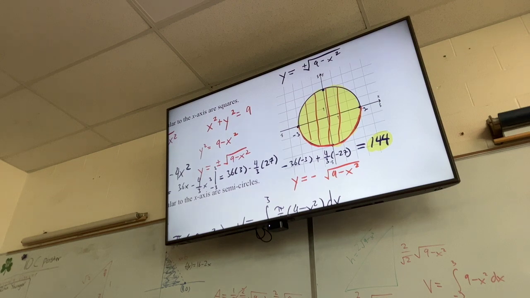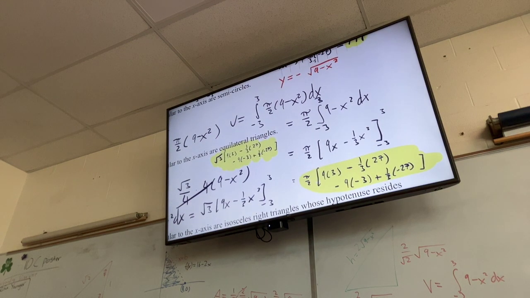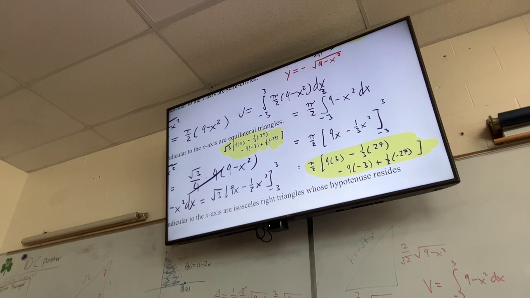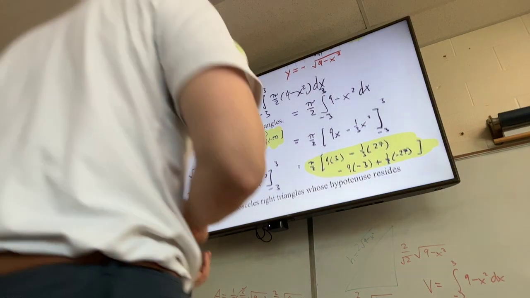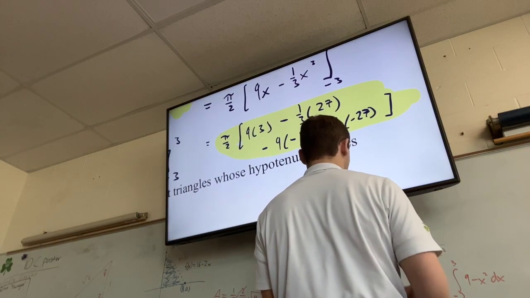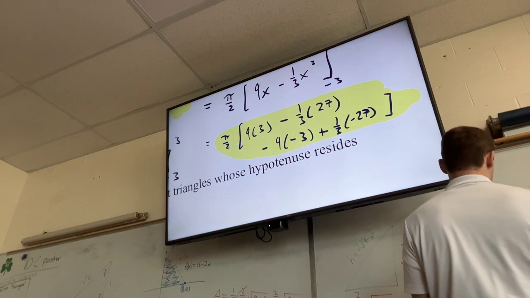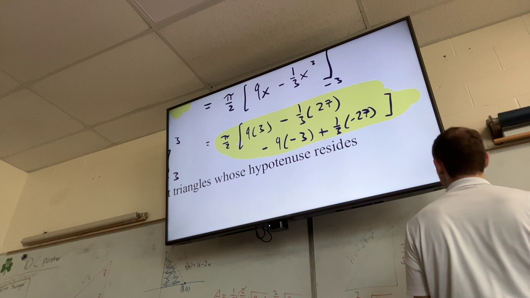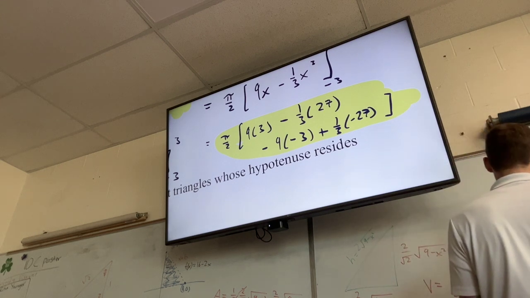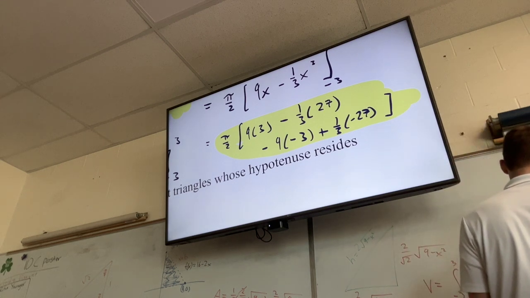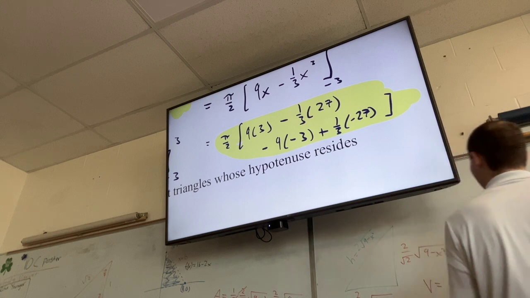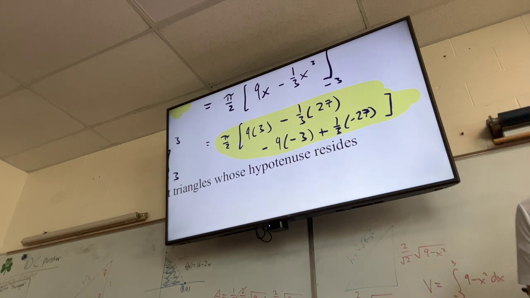What did we say that was? That's 9 times 3 minus 1/3 times 27, minus 9 times -3 plus 1/3 times -27.